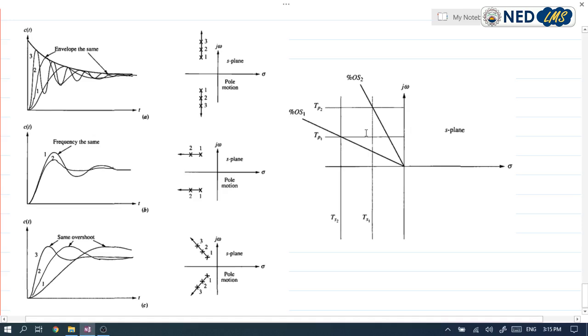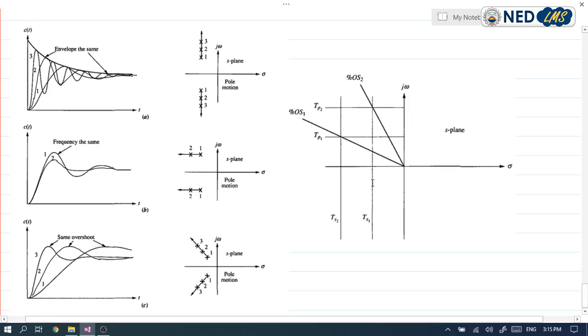So in this figure, the horizontal lines on the S plane are lines of constant imaginary part. So we can say that these lines are of constant peak time, and the vertical lines on the S plane are lines of constant real value.